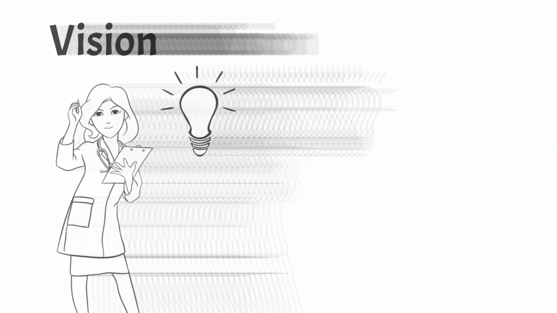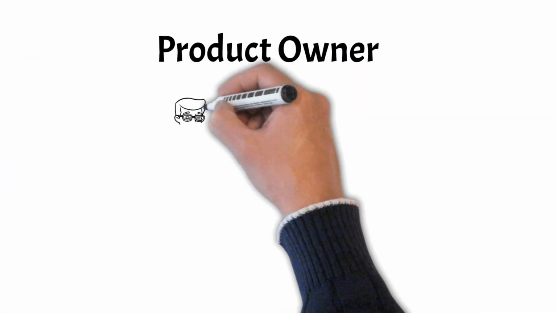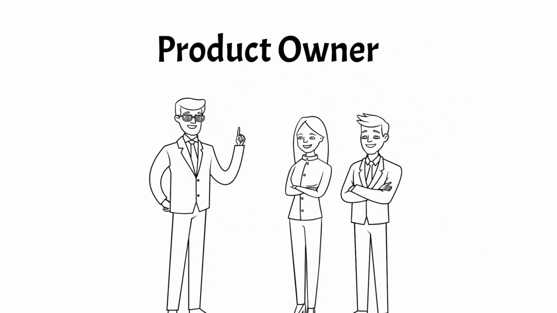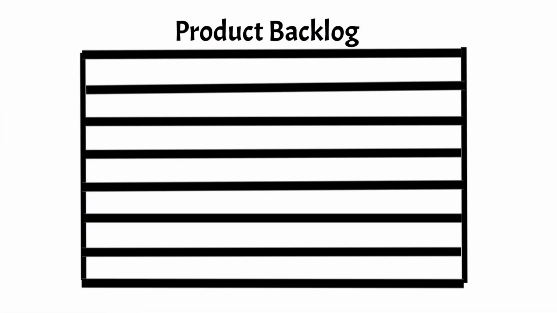The product owner is the person who has overall responsibility for delivering a successful outcome. The dominant features and requirements of the product or service are recorded in a product backlog.